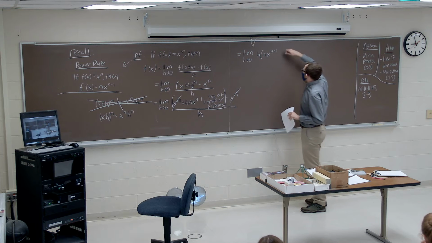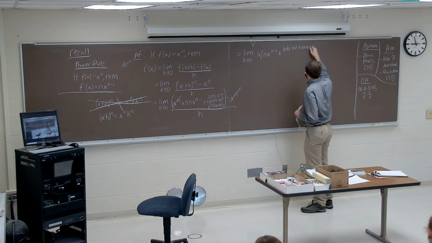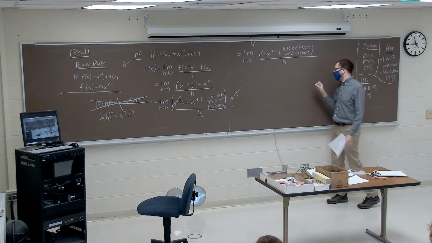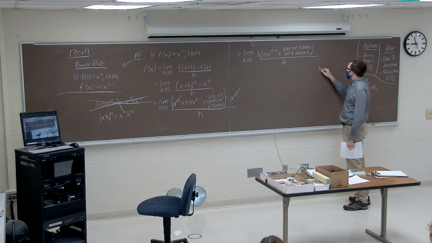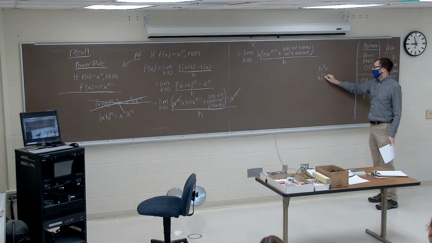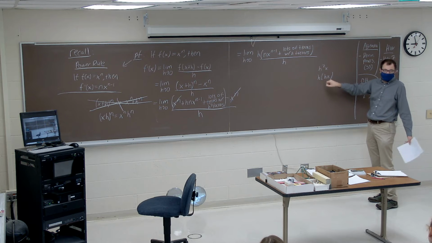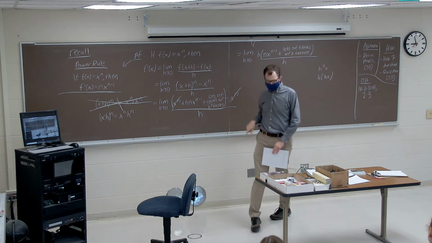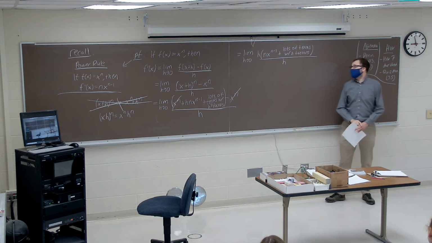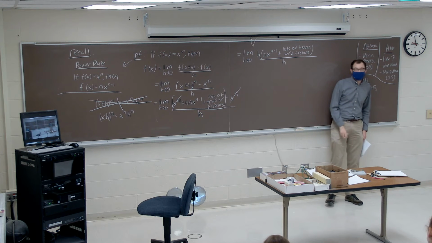So we can write this as nx to the n minus 1 plus lots of terms with h factors. Because if I took a term that was something like h squared times x, for instance, and pulled out a factor of h, what's left is still going to have at least one h in it, so to speak. Okay, so we have h times nx to the n minus 1 plus lots of terms with h's in them, all divided by h.